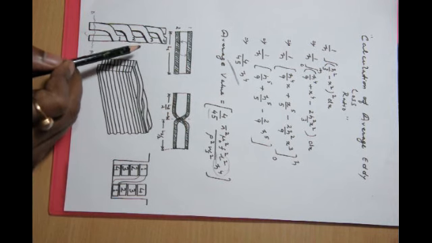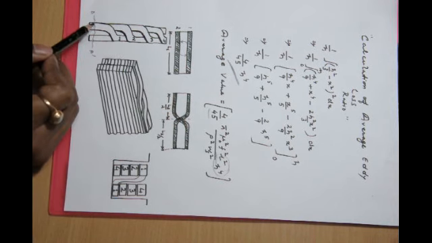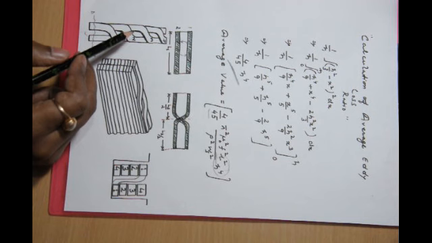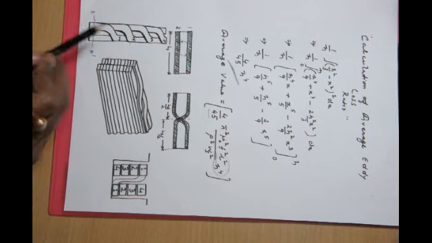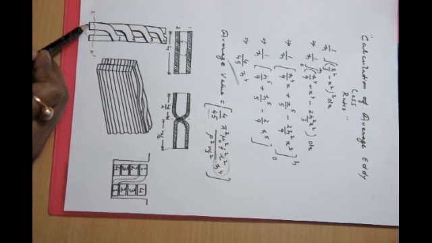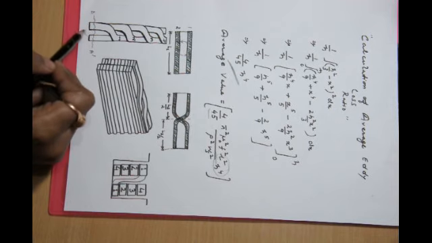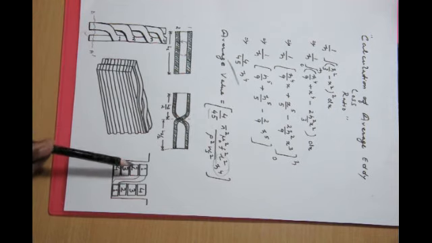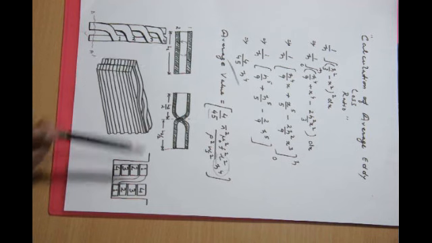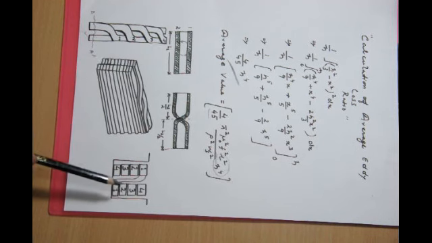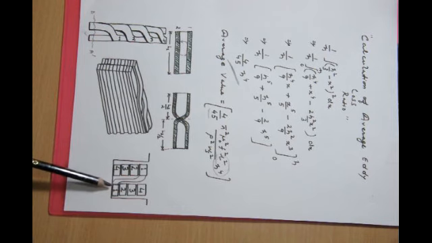Let us illustrate with another example. Just observe this conductor. It has 4 subdivisions, 1, 2, 3, 4. So if I look from this side, it will look like this: 1, 2, 3, 4, and at the other end 4 will be at the top, 3 will be next to it, then 2, then 1.